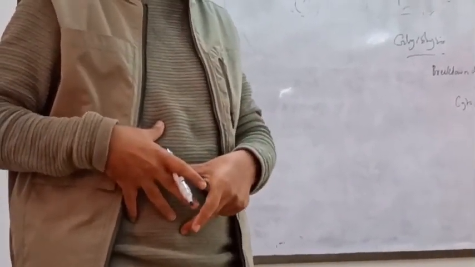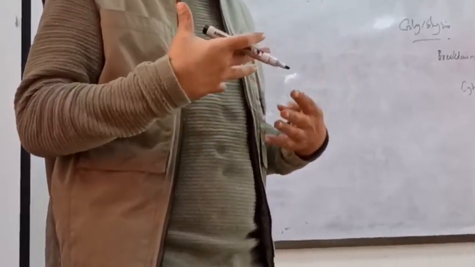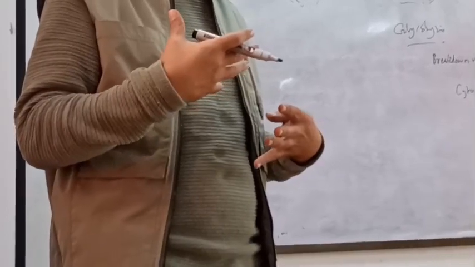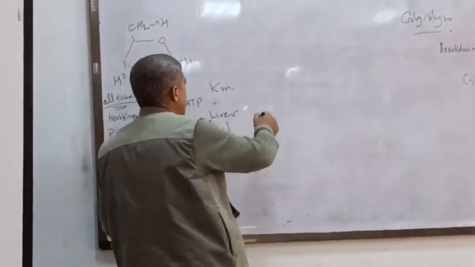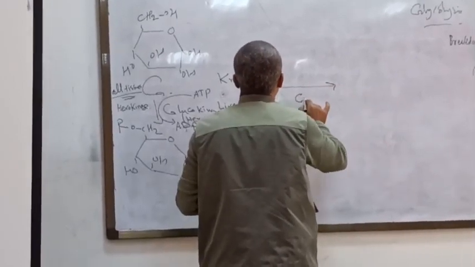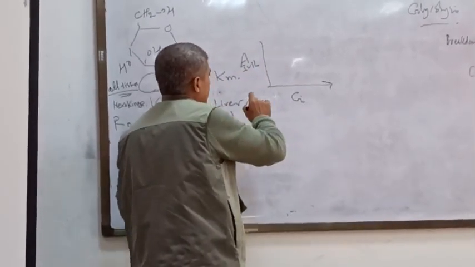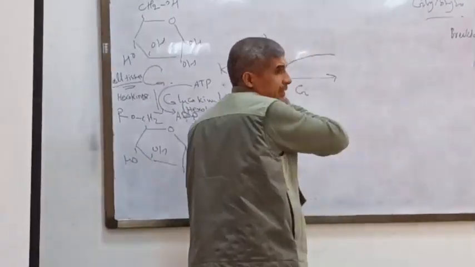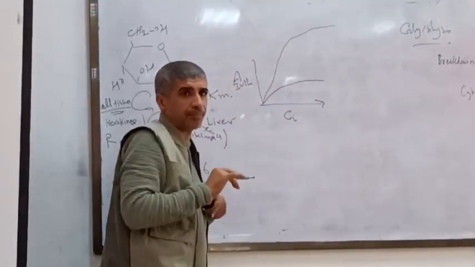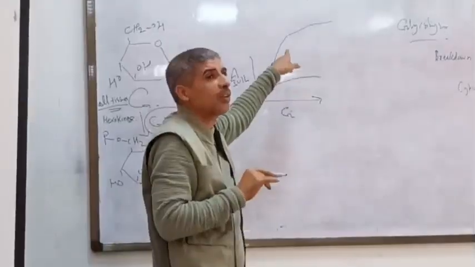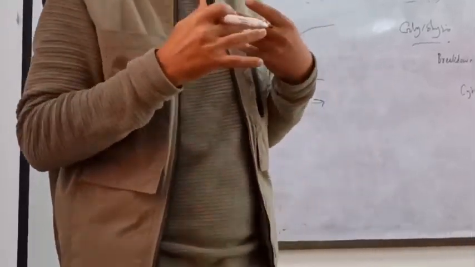Because transportation of glucose from the bloodstream to the liver is insulin independent, so glycolysis starts. If we draw glucose on one axis and enzyme activity in international units per liter on the other, for hexokinase and glucokinase, the glucokinase can phosphorylate a huge amount, at very high concentration.